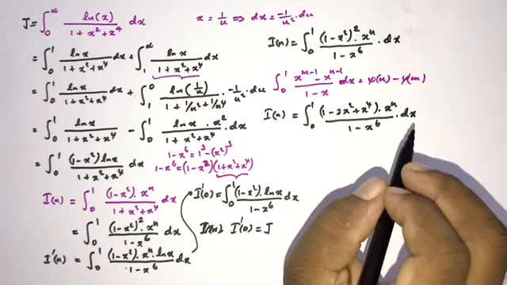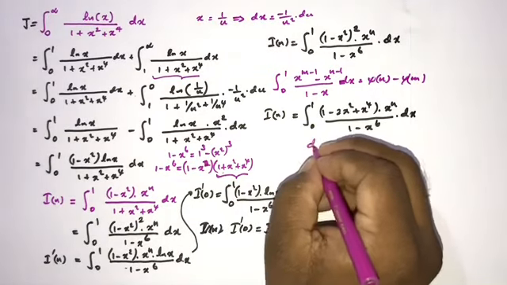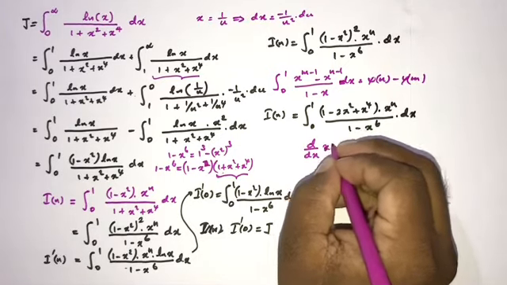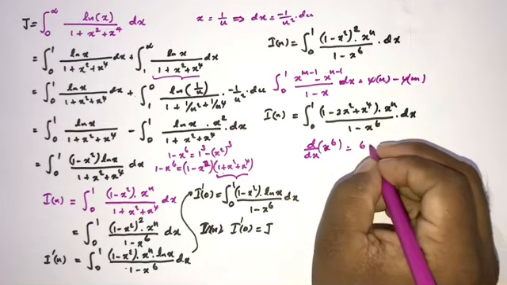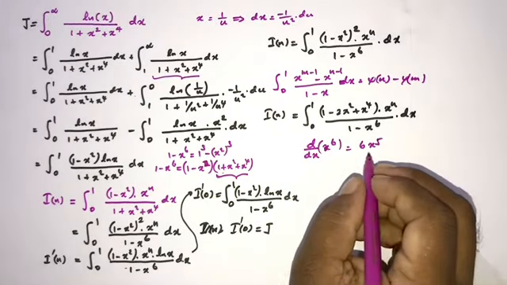So I'm going to consider the derivative of x to the 6th power. d by dx of x to the 6 power is equal to 6 times x to the 5. So we can isolate 1.